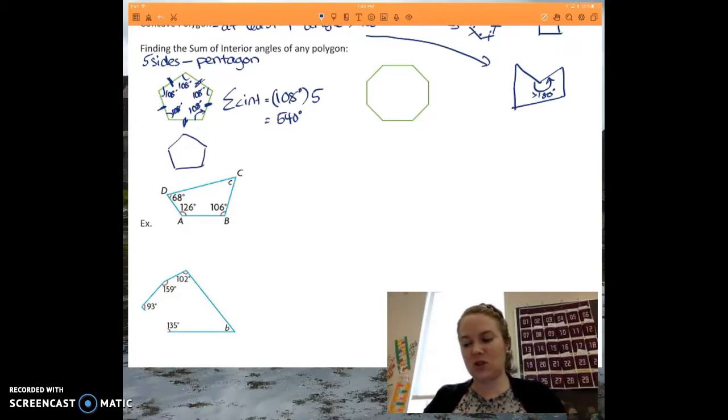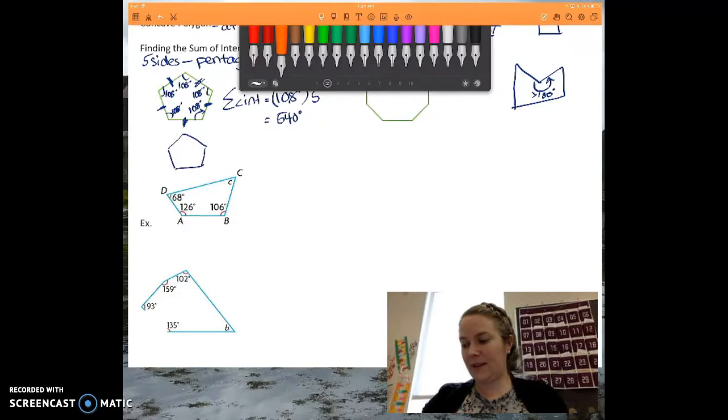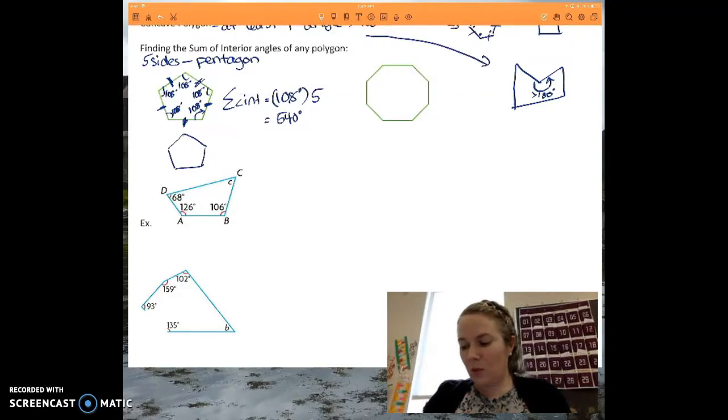So let's make some triangles. So I can make 1 triangle, 2 triangles, 3 triangles. I have 1, 2, 3 triangles. So the number of triangles is 3. Each triangle has 180 degrees, so 3 times 180 is 540.